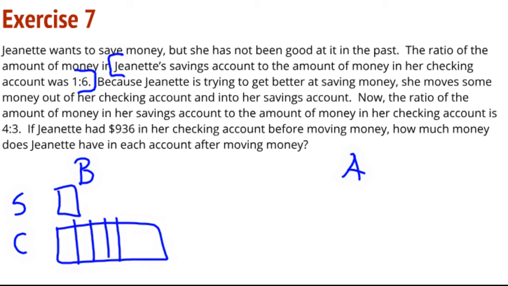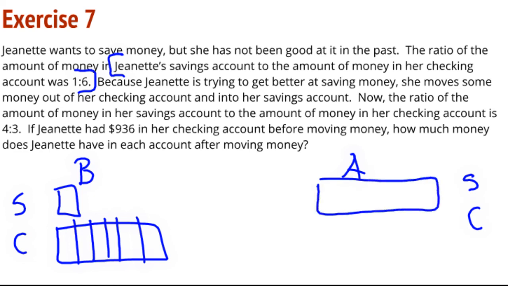And after she moved it, we've got her savings account and her checking account with a ratio of 4 to 3. And it said she had $936 in the checking account before moving the money.